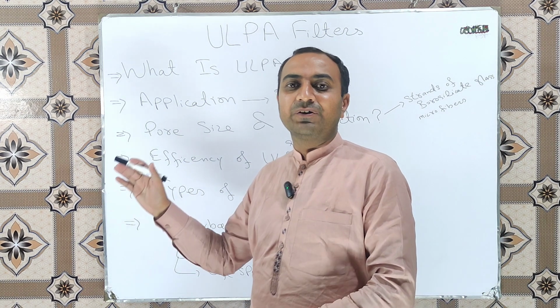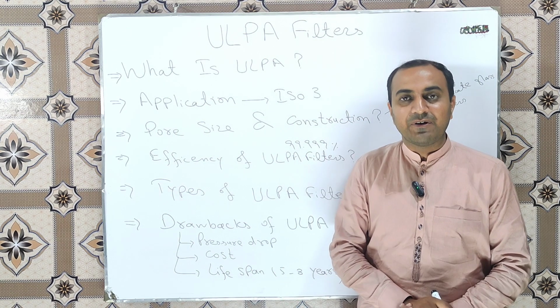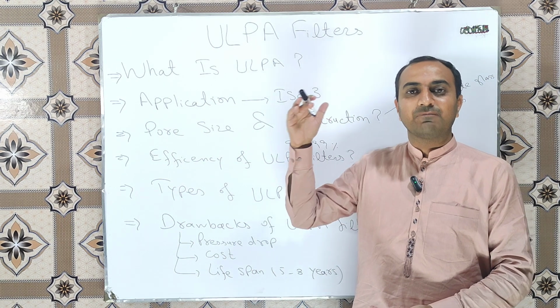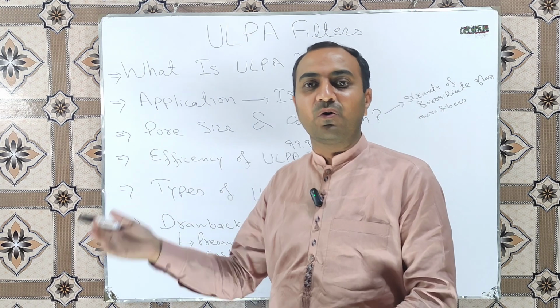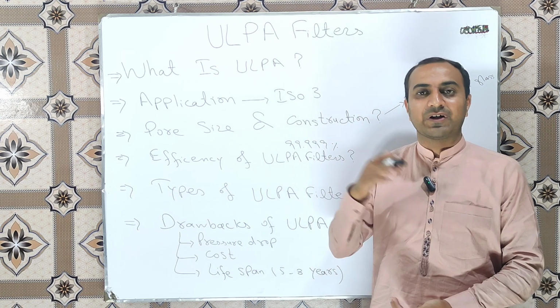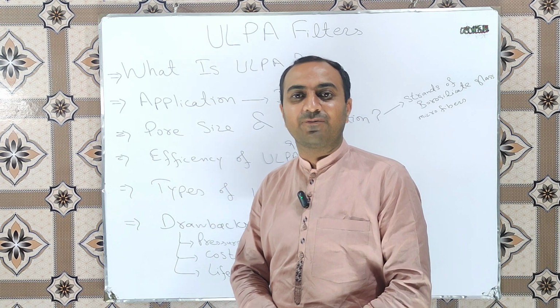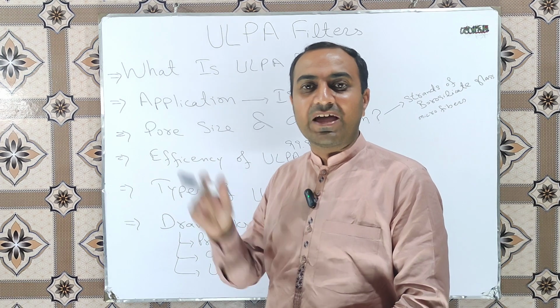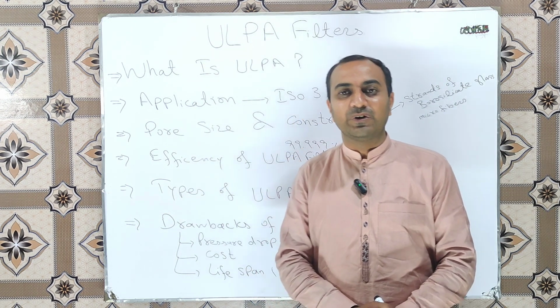It means ULPA filters are more efficient than HEPA filters. How are they more efficient? They are more efficient in terms of removal of the particle size, but they also have a drawback. What is the drawback of the ULPA filters apart from being so efficient? We will discuss the drawback at the end of this video.